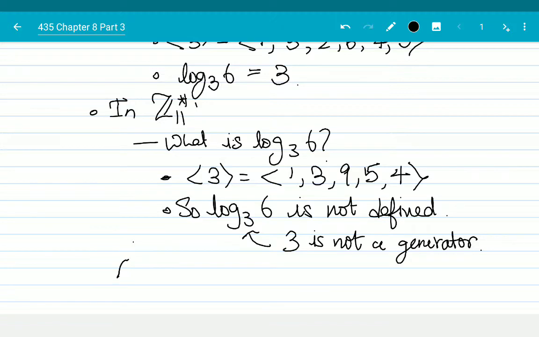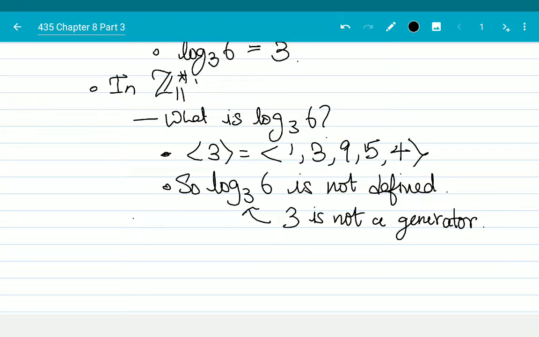It's not very easy to tell if a number is a generator or not, so you need to be given the generator. What is the discrete logarithm problem?